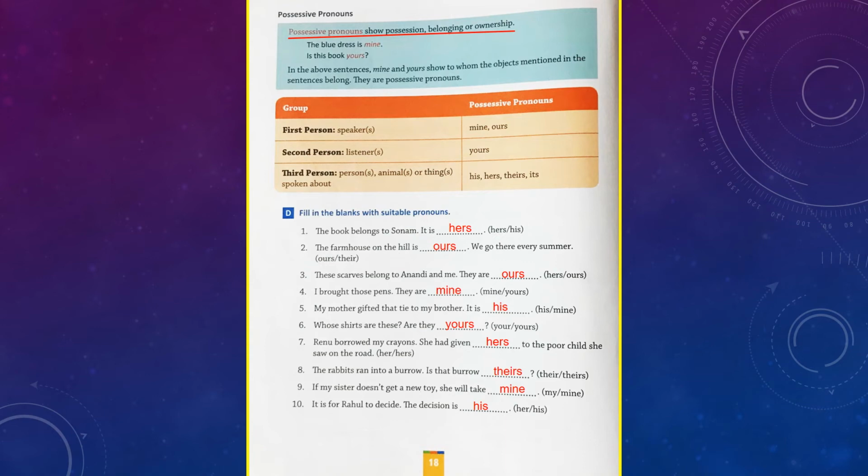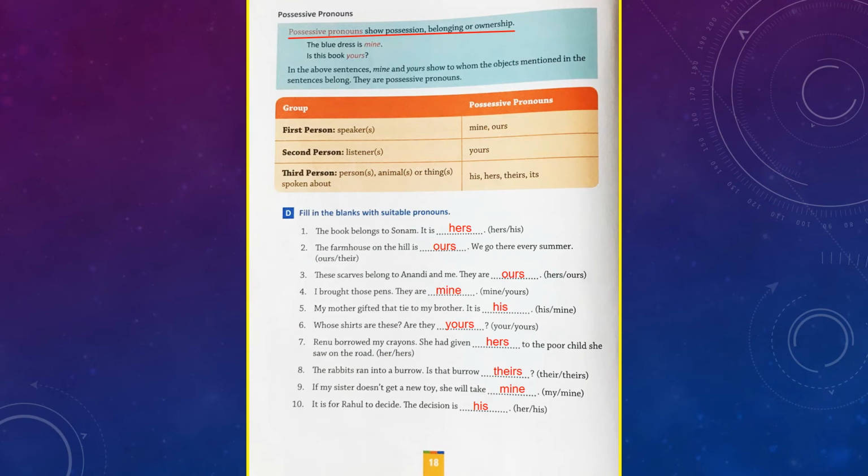Number 5. My mother gifted that tie to my brother. It is his. Number 6. Whose shirts are these? Are they yours? Number 7. Renu borrowed my crayons. She had given hers to the poor child she saw on the road.